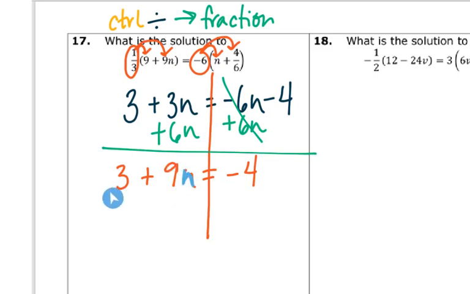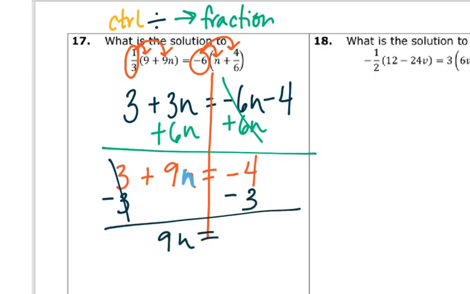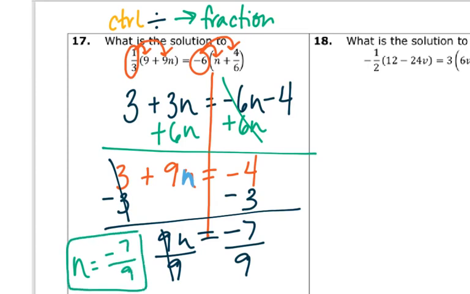So we need to move the constant, the number, to the other side first. So -3 and -3. 9n equals -4 minus 3 is -7. Get n by itself by dividing. This number does not reduce, so your final answer is n equals -7/9. Very easy.